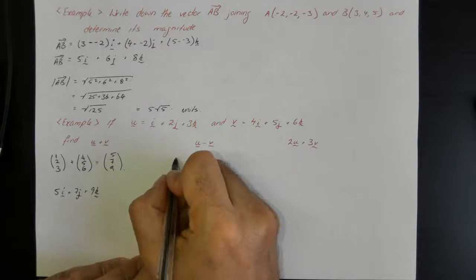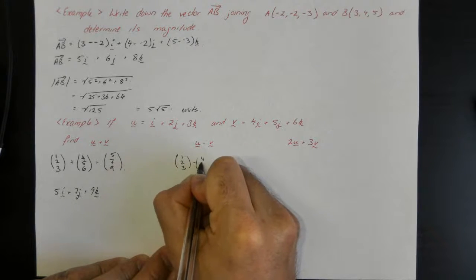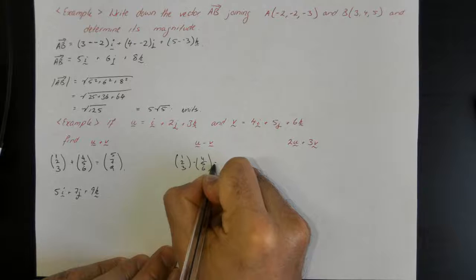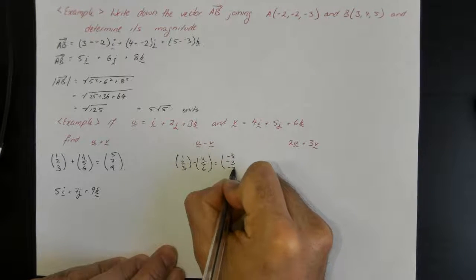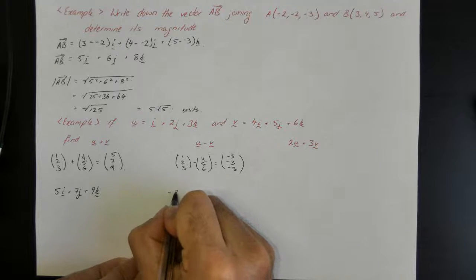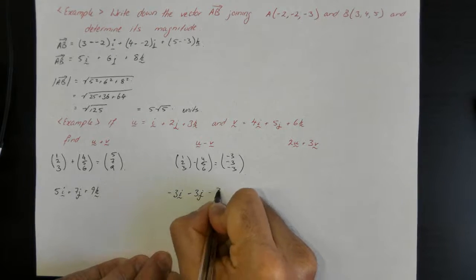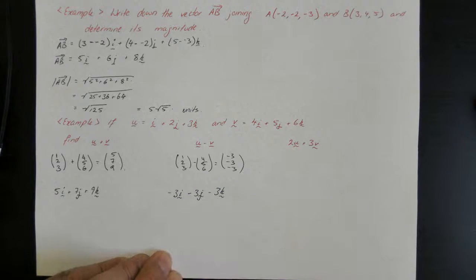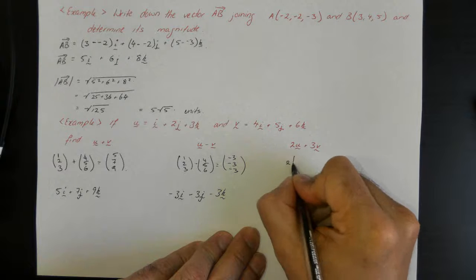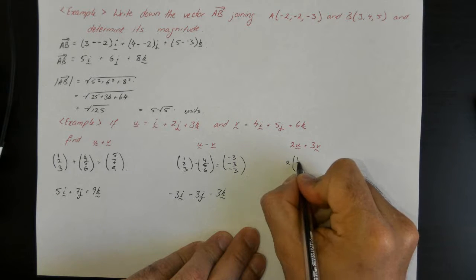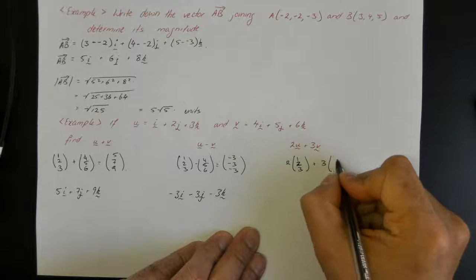Similarly, if we're going to subtract, we get negative 3, negative 3, negative 3. So we get negative 3i minus 3j minus 3k. Now, if we want a scalar multiple, so that means 2 lots of u plus 3 lots of v.